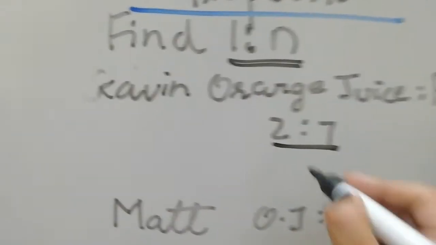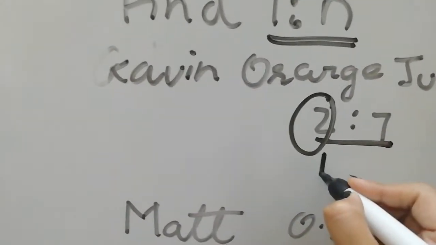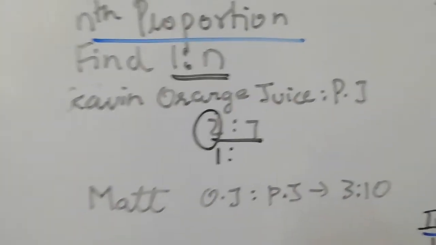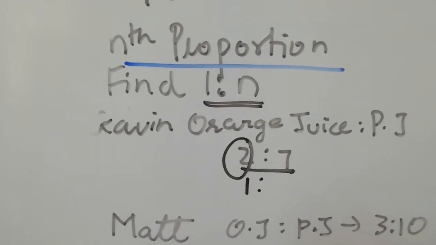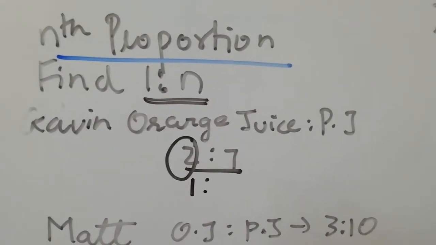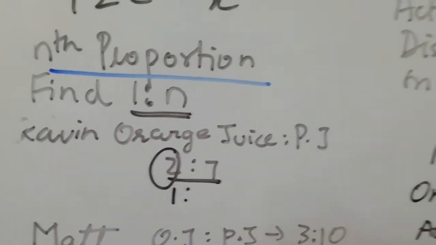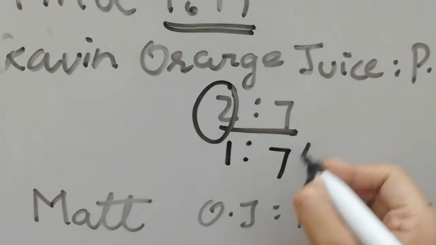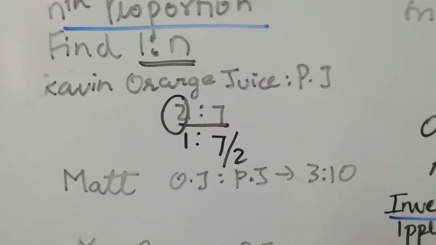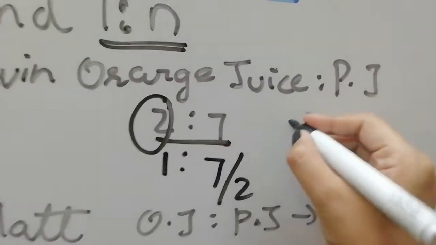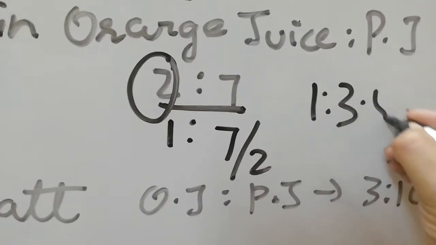So what will I consider? I will consider my orange as 1, because they have said 1 is to n and he has made juice in the form of orange is to pineapple juice. So his orange will be 1 and his pineapple will be 7 by 2. We will take orange down. So it will be 1 is to 3.50.